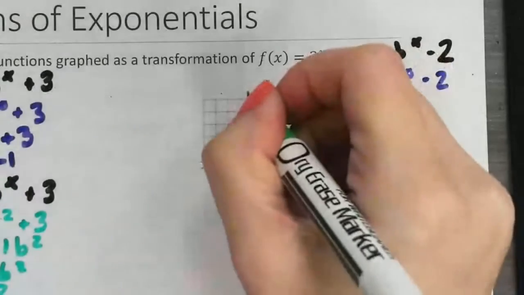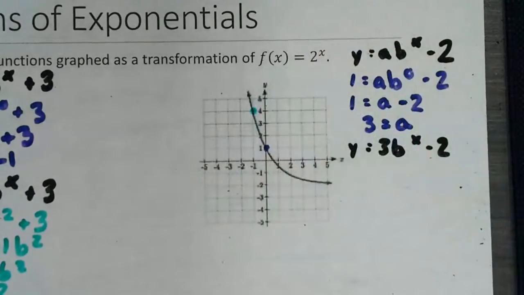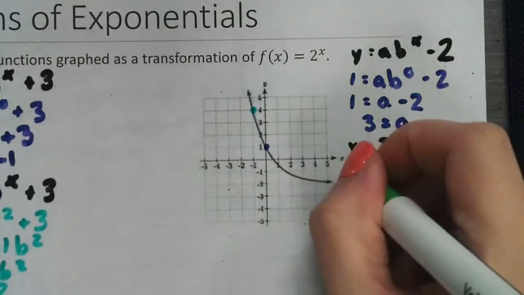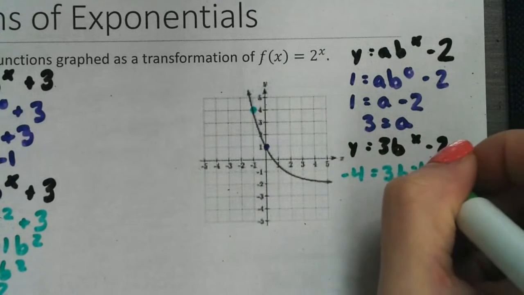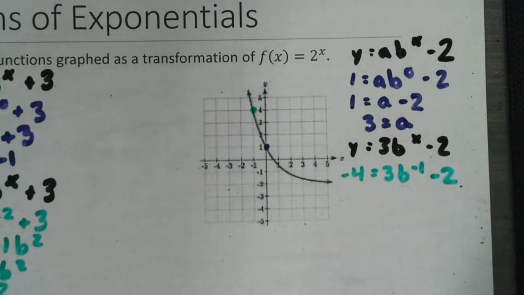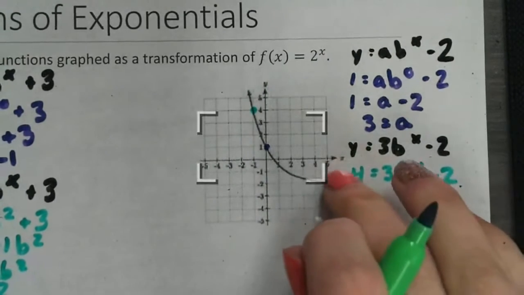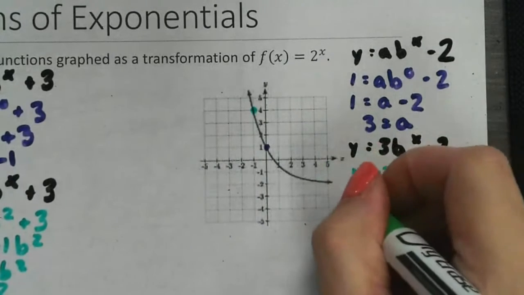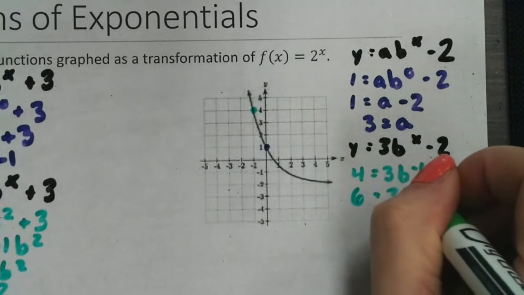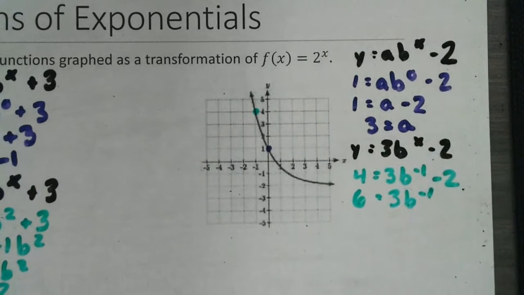It looks like this goes through -1, 4, so let's use that. 4 is equal to 3b to the -1 plus 2. That's a +4, my mistake. I can add the 2 over, so that 6 is equal to 3b to the -1.